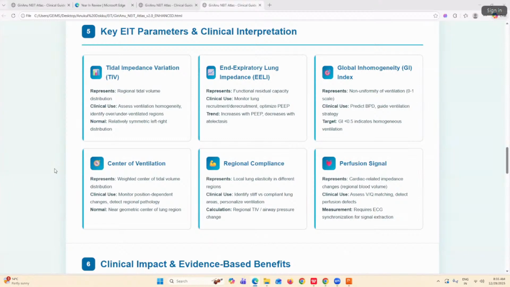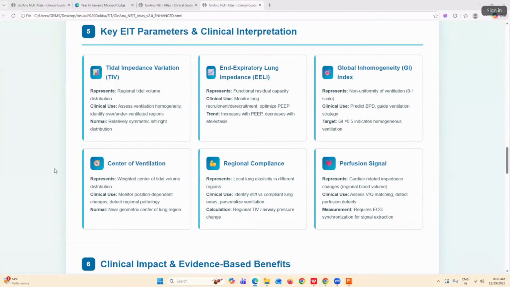The tidal impedance variation represents regional tidal volume distribution, and the clinical use is to assess ventilation homogeneity and identify over- or under-ventilated regions. The second one is end-expiratory lung impedance, which represents functional residual capacity. The trend is that it increases with PEEP and decreases with atelectasis.